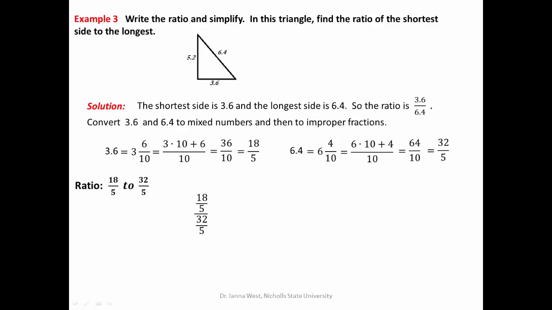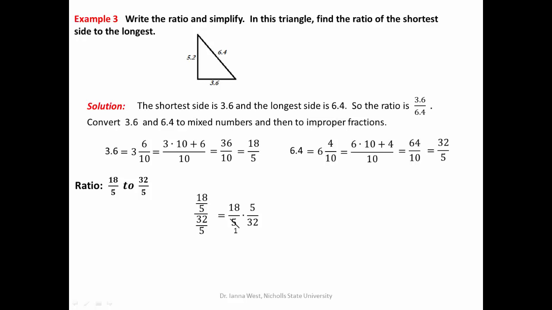We can now write this as a compound fraction. In order to simplify the compound fraction, we must take the reciprocal of the denominator and multiply it times the numerator. We get 18 over 5 times the reciprocal of the denominator, 5 over 32. Instead of multiplying the numerators and multiplying the denominators as we did in the last example, we're going to first cross-cancel to reduce our fraction. We will start with 5, that the denominator of the first fraction and the numerator of the second fraction have in common.